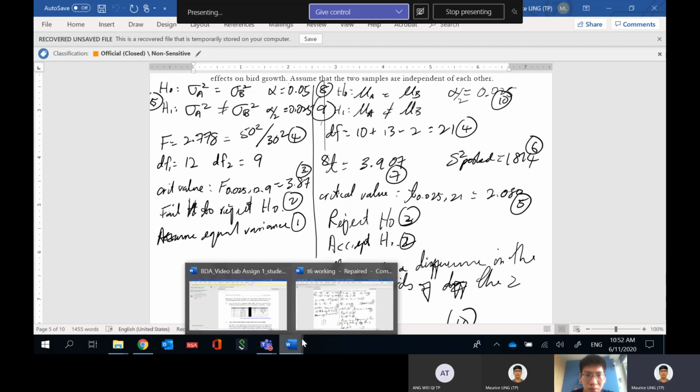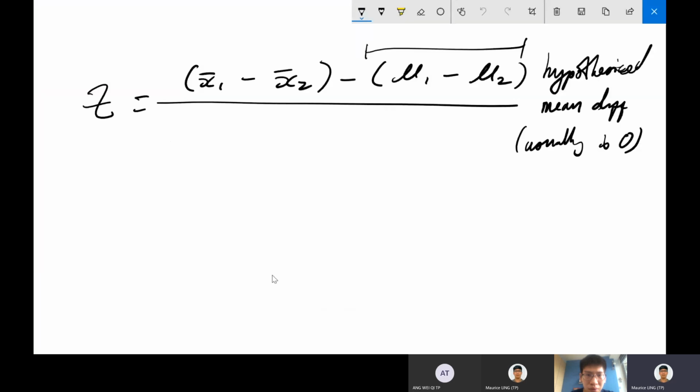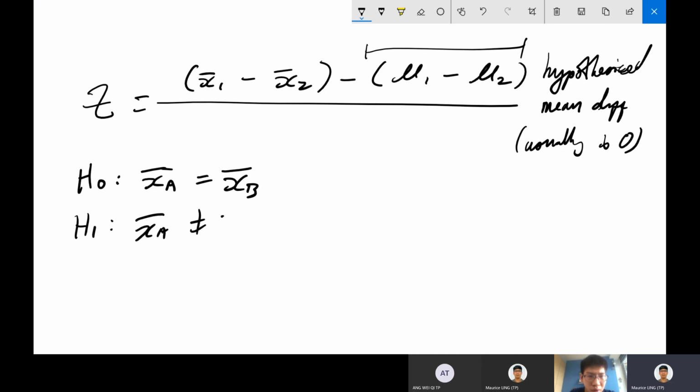We can even say things like this. Let's say H0: the average of A equals the average of B, and H1: the average of A is not equal to the average of B. In this case, mu1 minus mu2 is actually equal to 0.